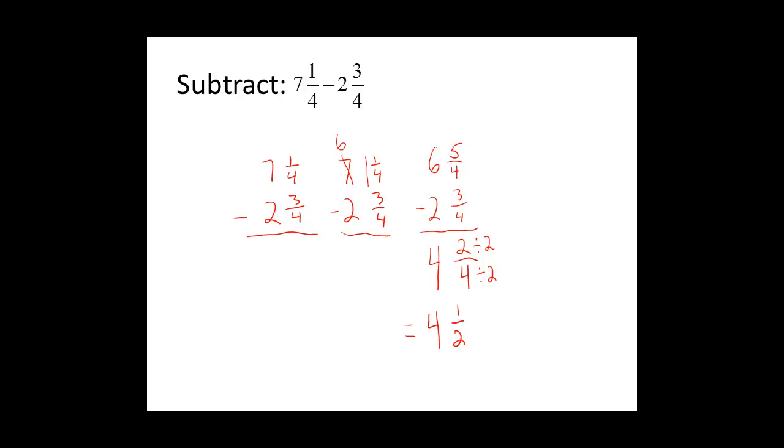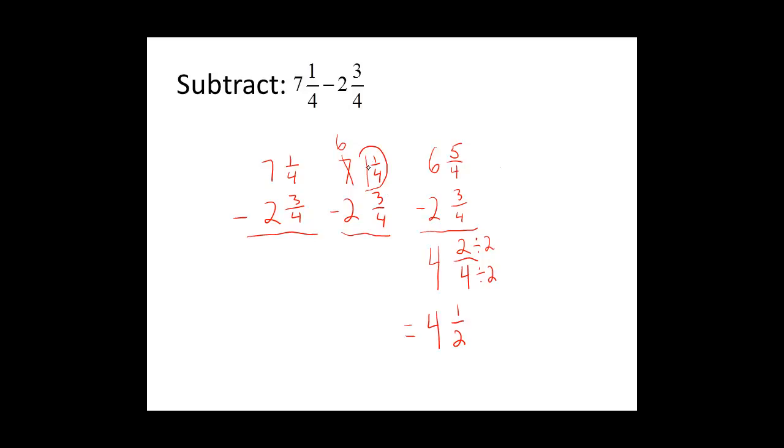So let's review. We had common denominators, so we wanted to subtract the numerators. We saw that we could not subtract 1 minus 3, so we needed to borrow from the whole number. We borrowed 1 from the 7 and made that a 6. The one that we borrowed we wrote as a whole number next to the fraction part.